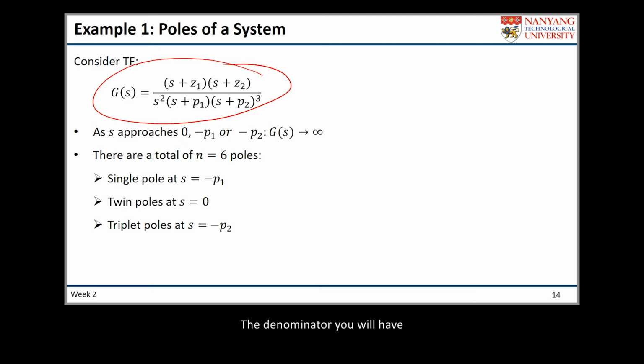The denominator is a 6th order polynomial, because you have s squared, so 2 orders there, s plus p1 is 1 order, and s plus p2 is cubed, so 3 orders. 2 plus 1 plus 3, you have 6th order in the denominator.